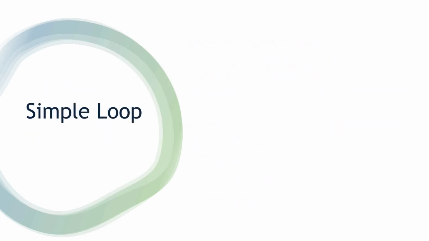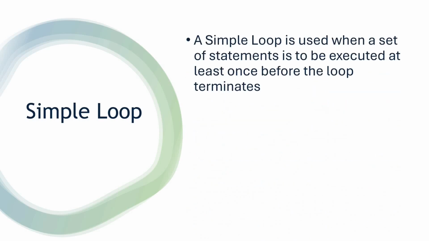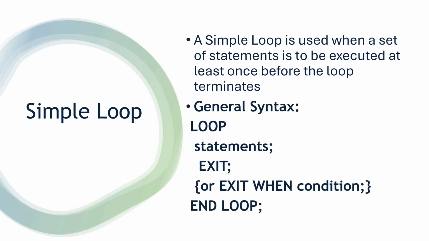We'll start with the simple loop. A simple loop is used when a set of statements is to be executed at least once before the loop terminates. Let's see the general syntax of a simple loop. In a simple loop, we put the executable statements that we want to repeat within LOOP and END LOOP.